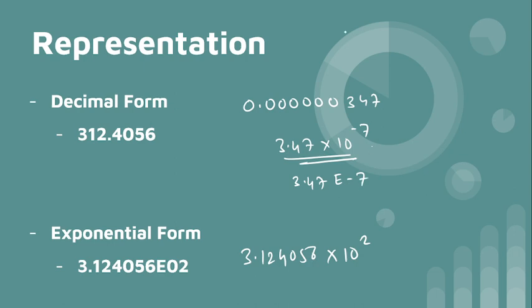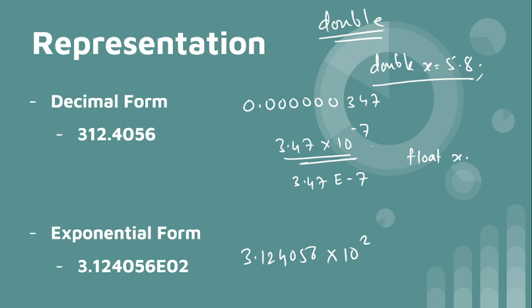Okay, remember one thing very important, that by default any floating point literal is considered to be double. So for example, if I say 5.8, it will be double. You will be surprised when you see something like this. If you write it like this, perfect. But try writing float x equal to 5.8, and it will give you an error because you are trying to store a double into a float.